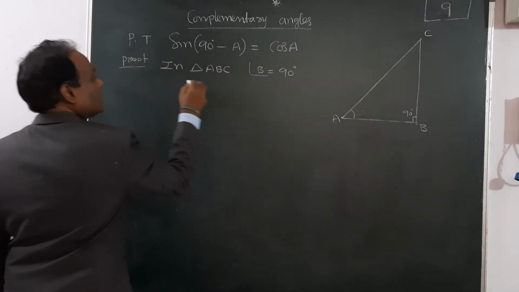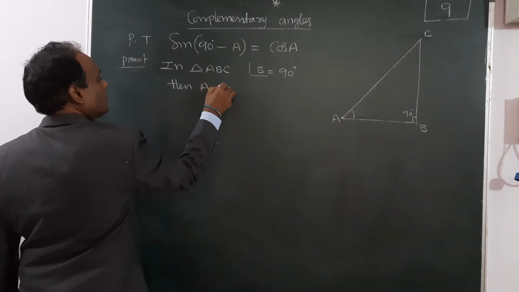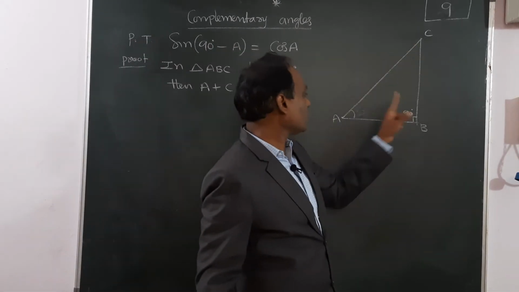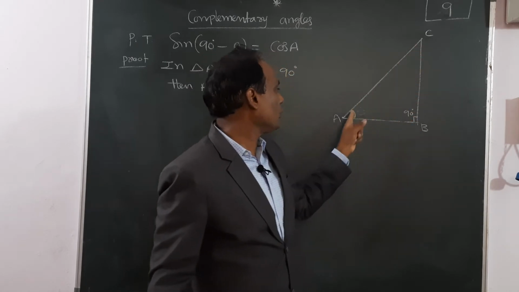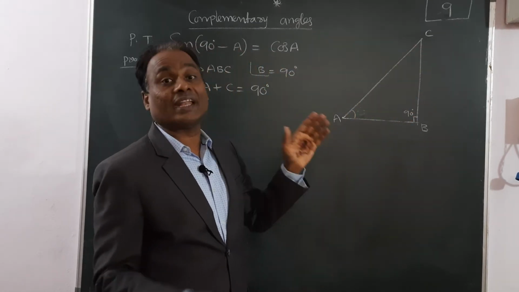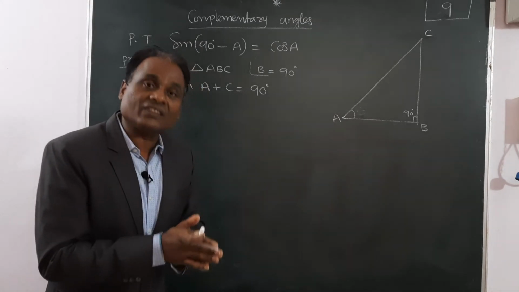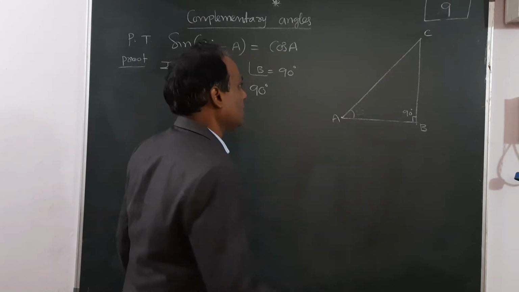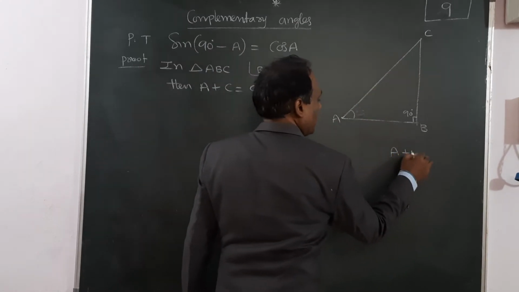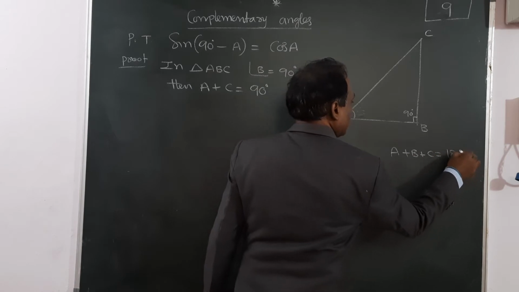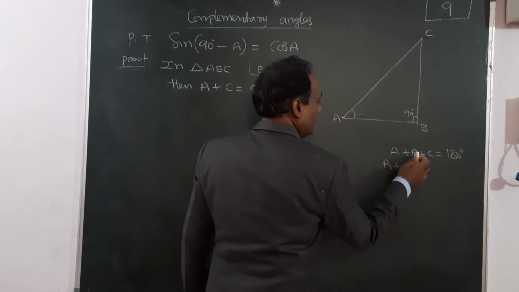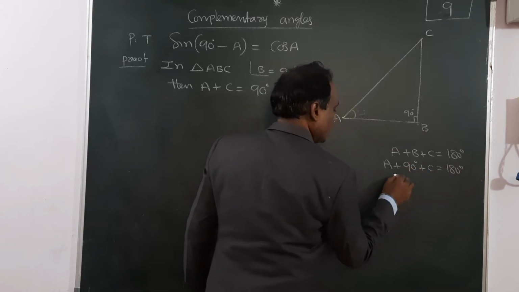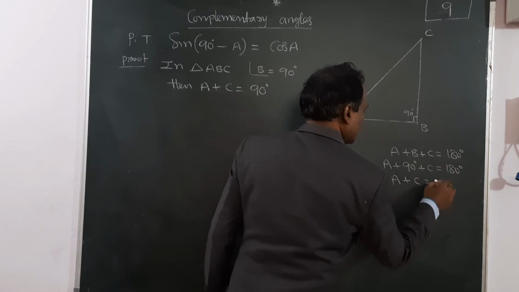Angle B is 90, which means A plus C should also be 90. A plus B plus C is 180 degrees, A plus B is 90 degrees, plus C is equal to 180 degrees. So A plus C is equal to 180 minus 90, which is 90 degrees.